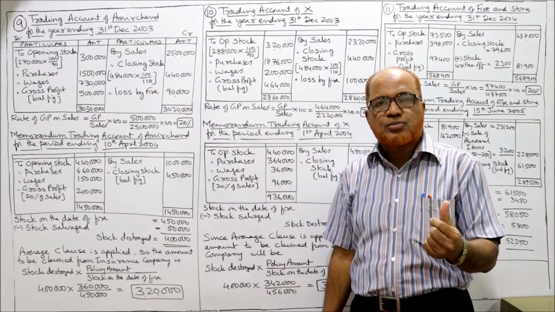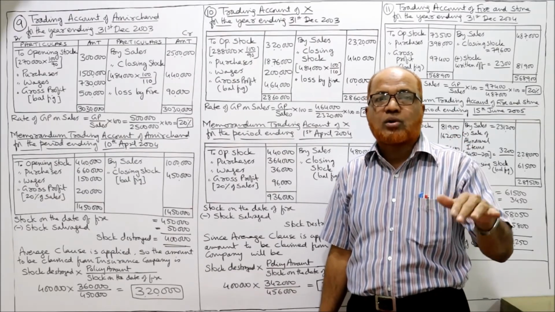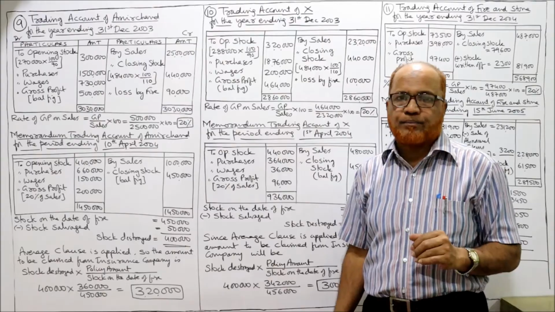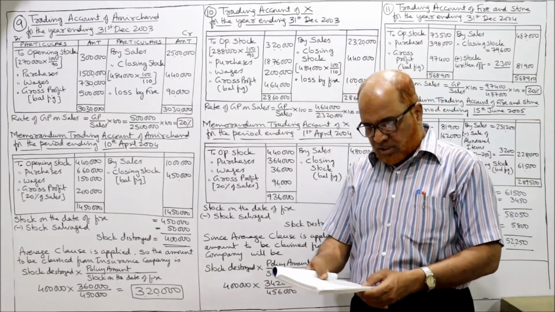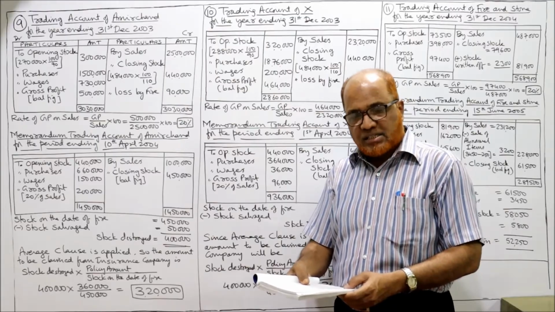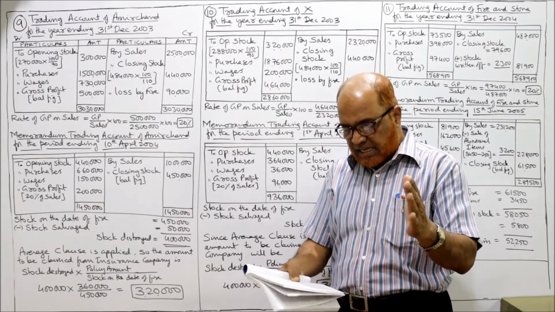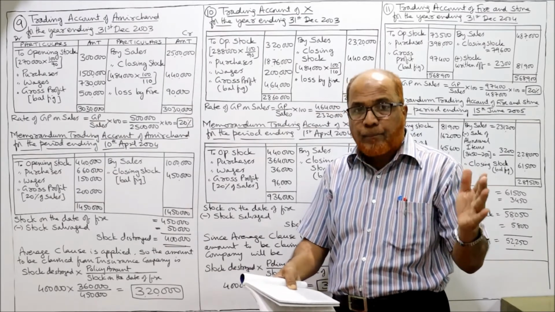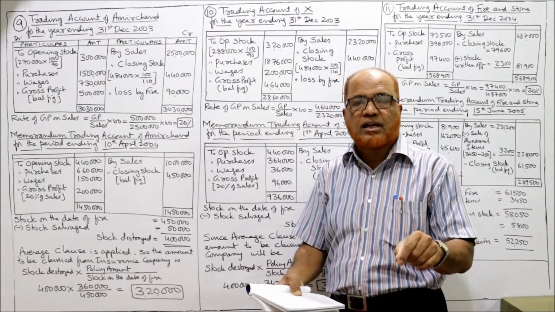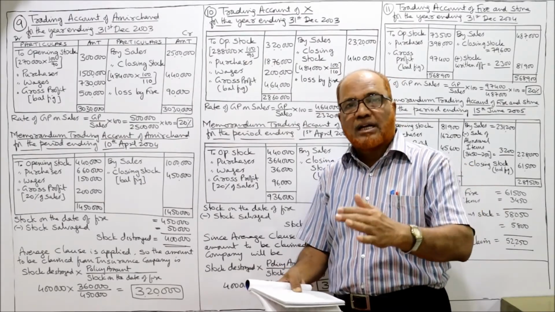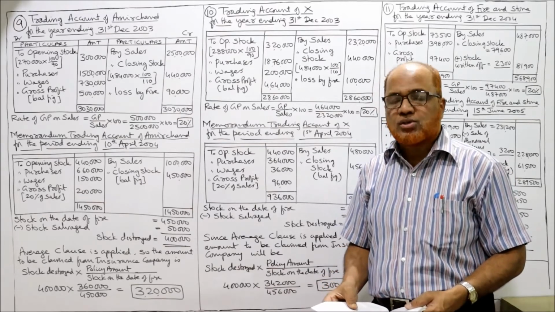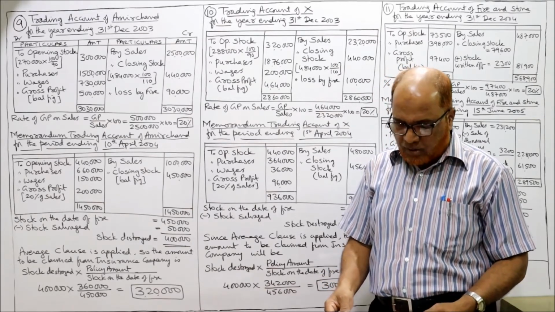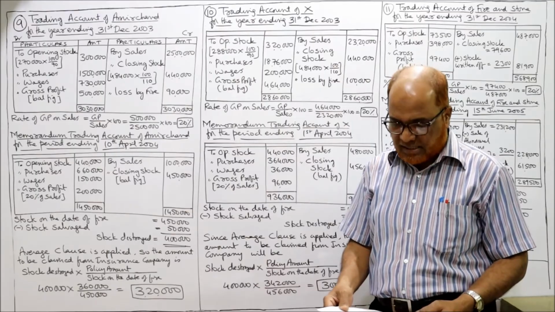Just like the previous problem, we have to prepare the trading account of last year, 2003. Purchase for the year 2003, sales for the year 2003. So last year purchase, last year sales. Purchase from 1st January 2004 to 1st April 2004, current year, from beginning of the year to the date of fire. Sales from 1st January 2004 to 1st April 2004, so current year sales.